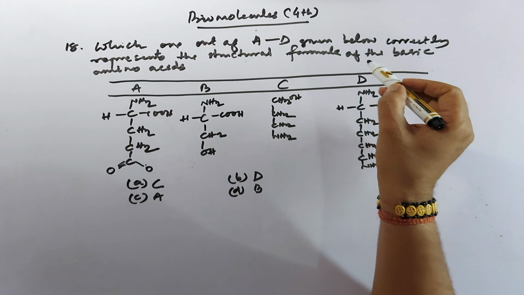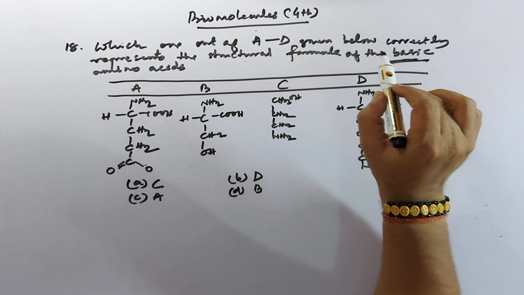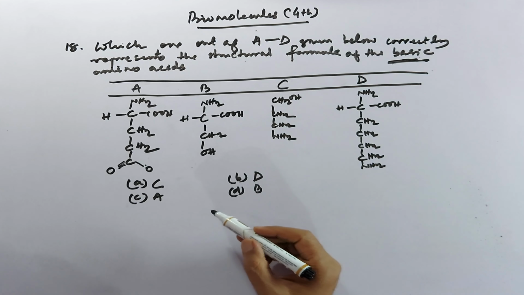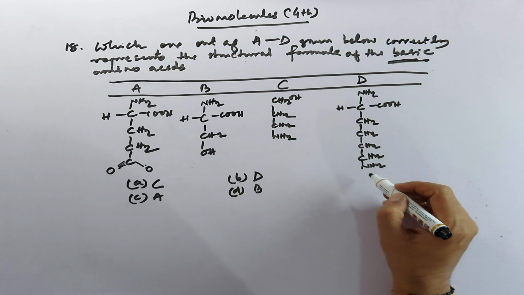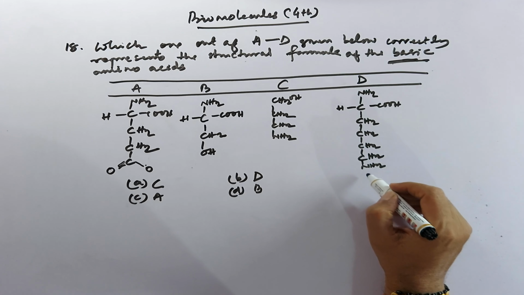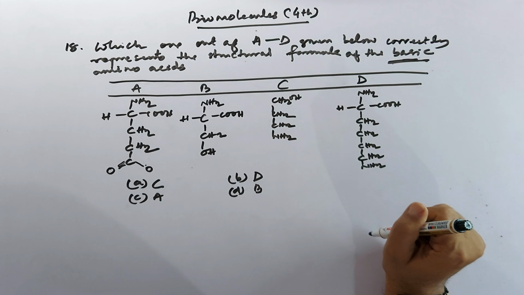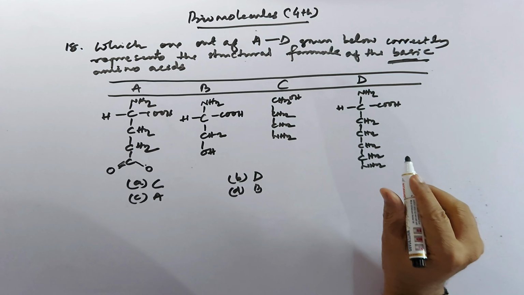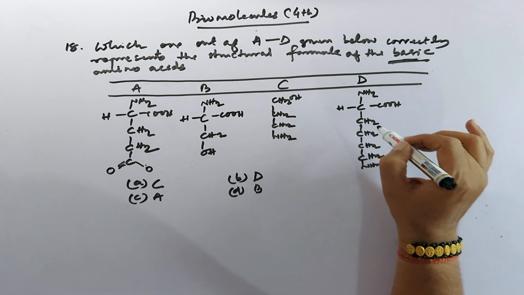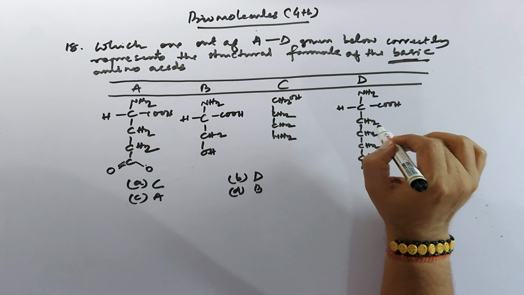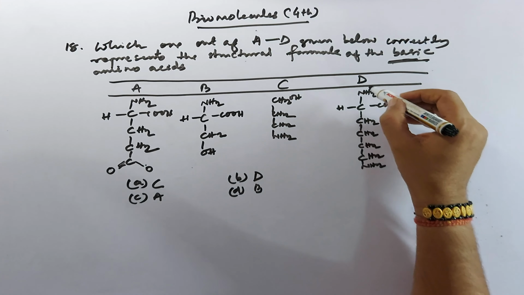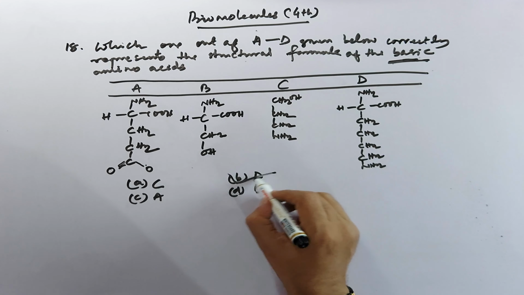So the question is about the basic amino acid, which means this structure will give us the basic amino acid, because when ionized it forms the plus charge. So this is the correct answer.